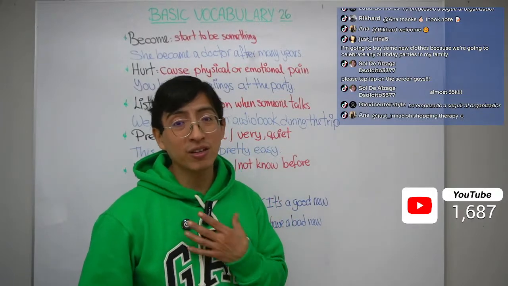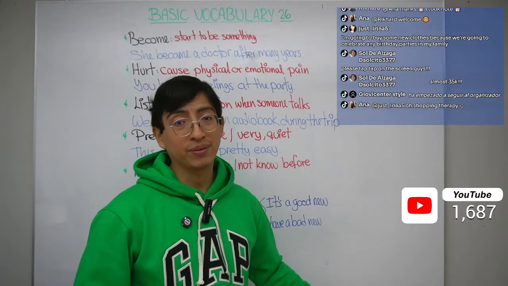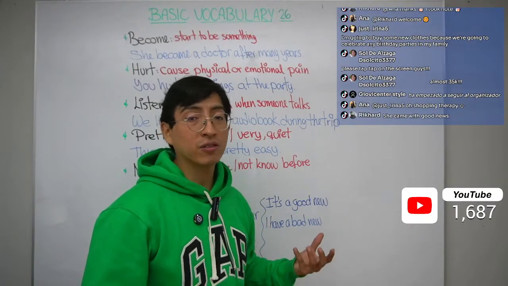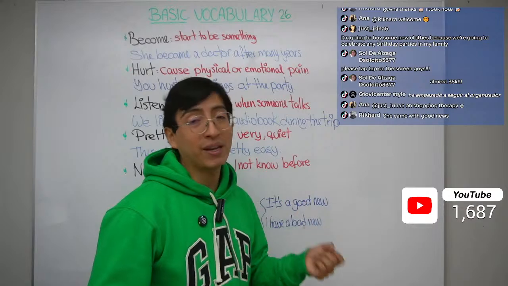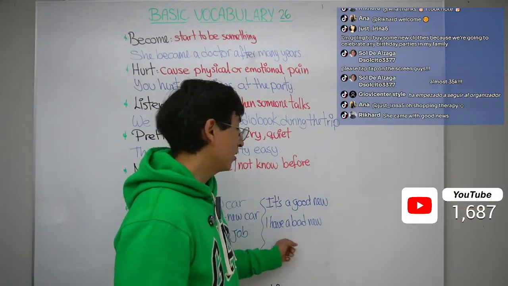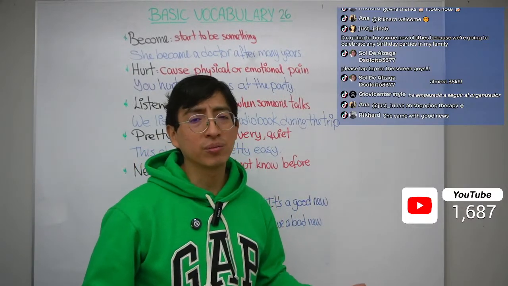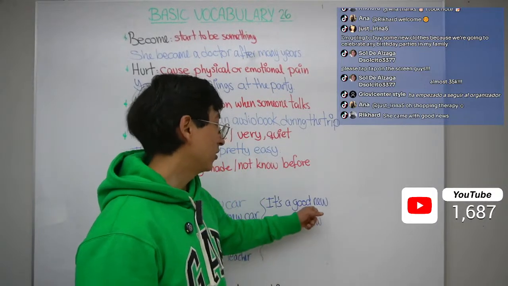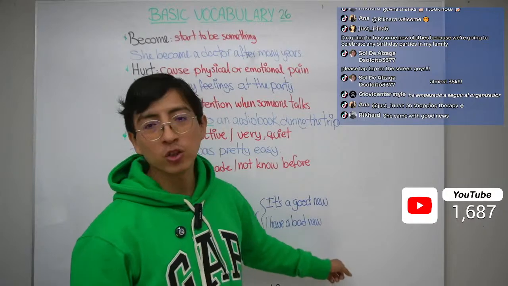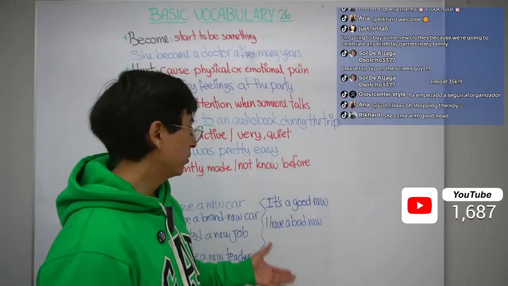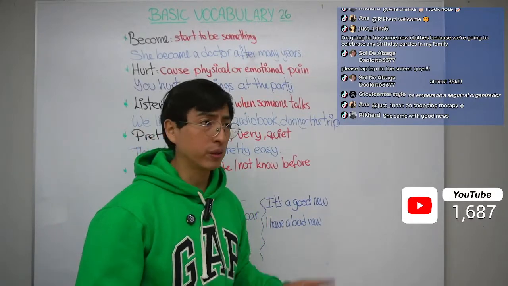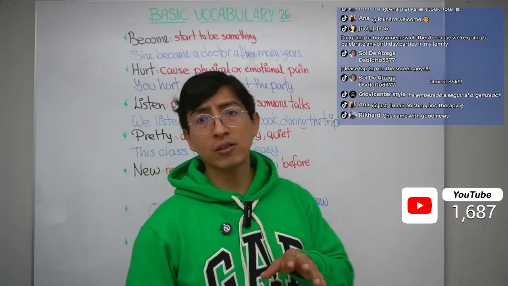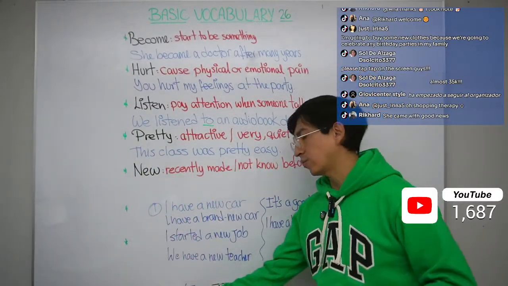Or my country lost in the World Cup. Or maybe I lost my cell phone. I lost my keys. I'm really sorry. I have a bad news for you. You didn't pass the exam. Okay. We can also use this, no? Good news, bad news. So this is something that you can use here with this word. Okay. So write some sentences there using this expression.